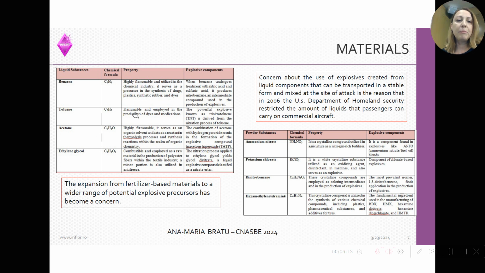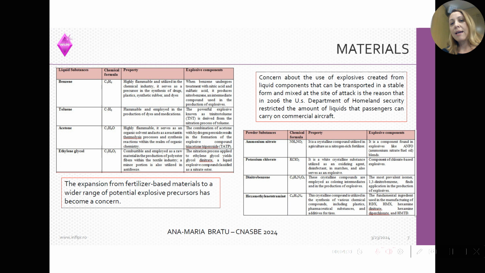For example, acetone combined with hydrogen peroxide may produce an explosive compound, acetone triperoxide.